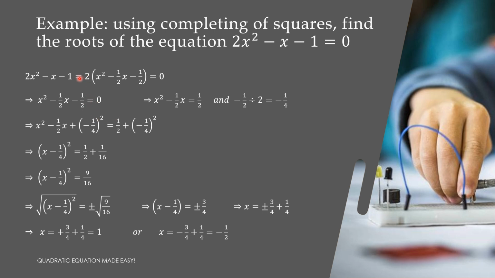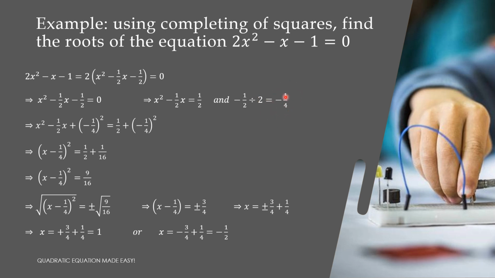So now, the first step is to send the constant term across the equal sign, which will be expressed in this particular format. Now we have x squared minus 1 over 2 x equal to 1 on 2. The next thing is to look at the coefficient of x, then divide it by 2. So here the coefficient of x is negative 1 on 2, divided by 2 gives us negative 1 over 4.